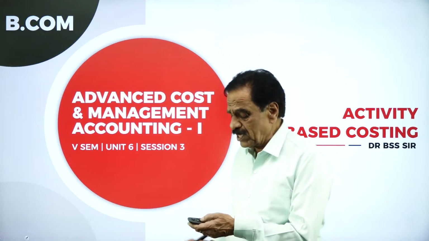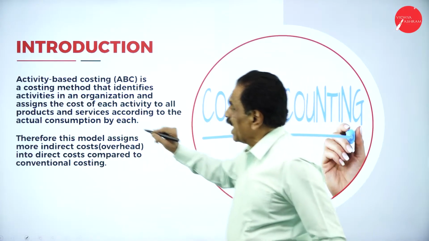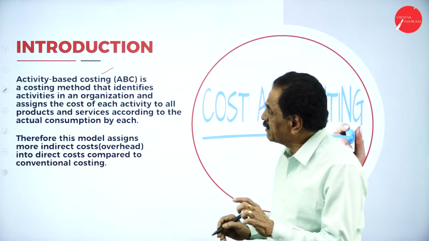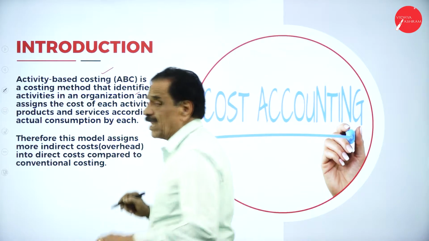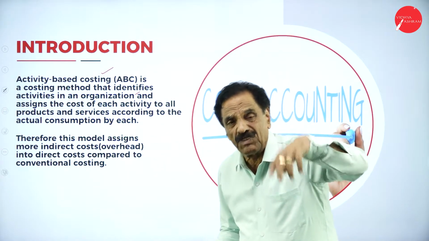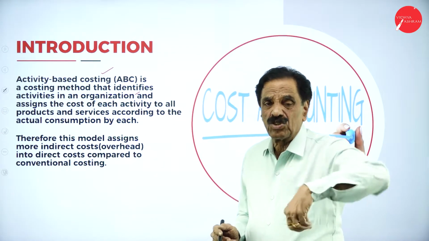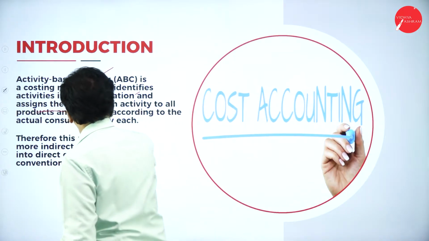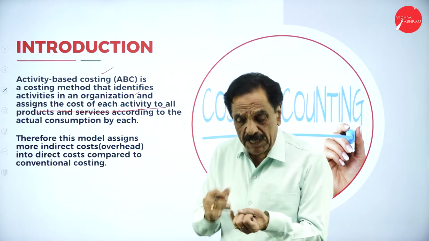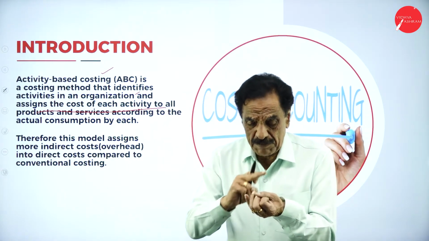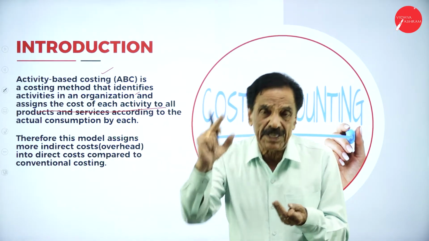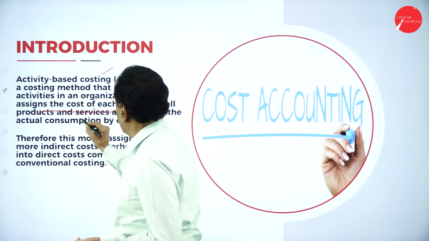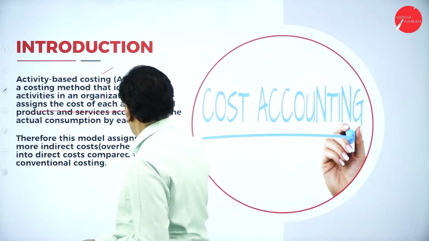Now, we'll move on. Activity-based costing, ABC, is a costing method that identifies the activities of an organization. It will identify which activities the organization is going to do, and assign the cost of each activity to all products and services according to actual consumption.